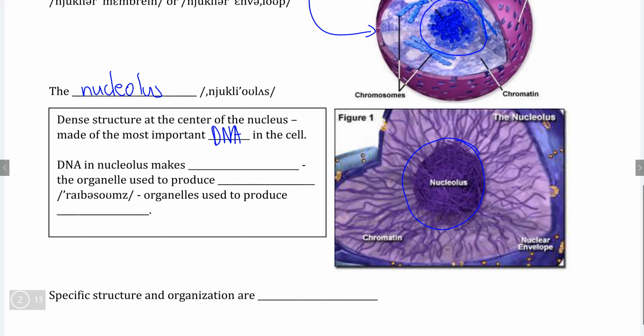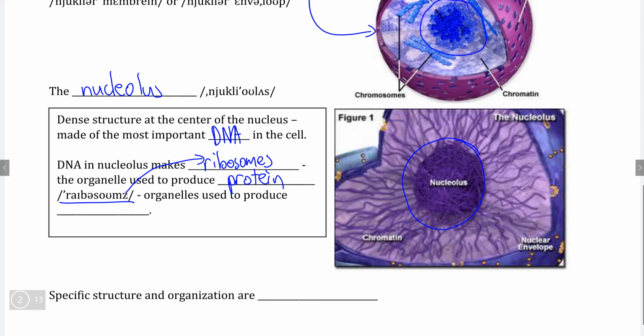So the DNA in the nucleolus is used to make another special type of organelle, which we call ribosomes. These are the organelles that are actually used to produce the protein that the cell needs.